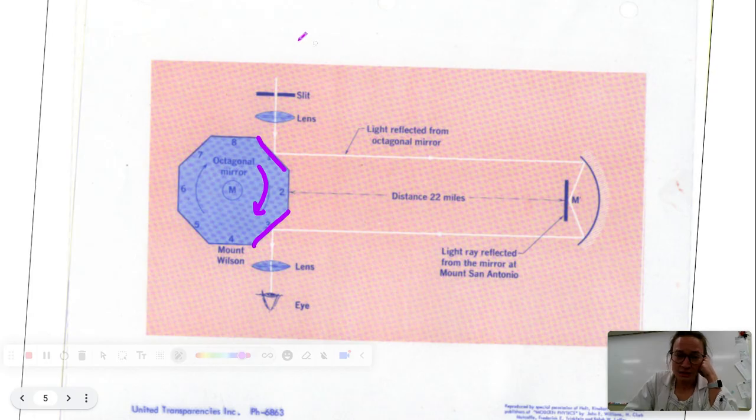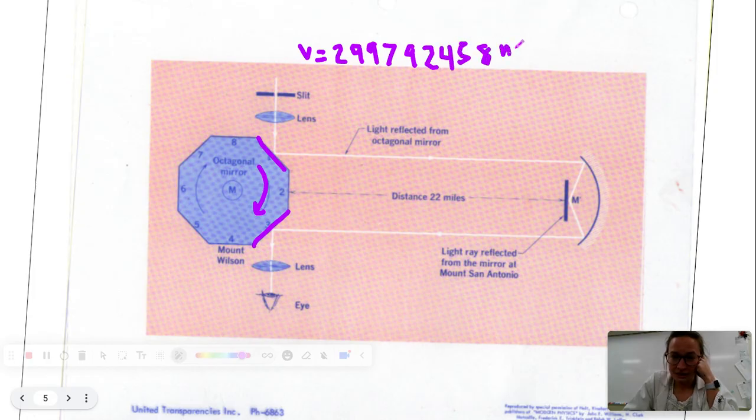And the value for the speed of light that he was able to calculate is 299,792,458 meters per second. Approximately 3.00 times 10 to the 8th meters per second.